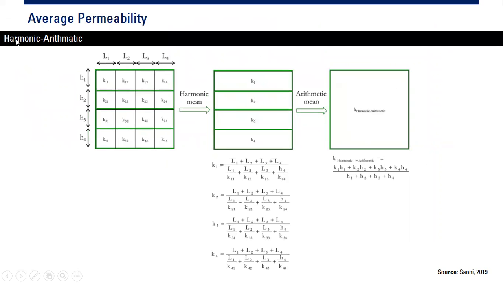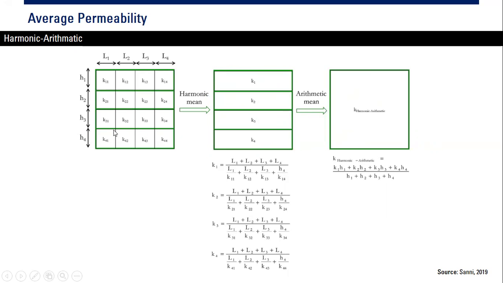But you can also start from harmonic and then end with arithmetic. The result can be the same, can be different, but the difference will not be too big. You start from here, you do harmonic mean, then you will have, for example, four permeabilities, four layers, but with the same length and different thickness, and you do arithmetic averaging, then you will have one value, one average permeability.